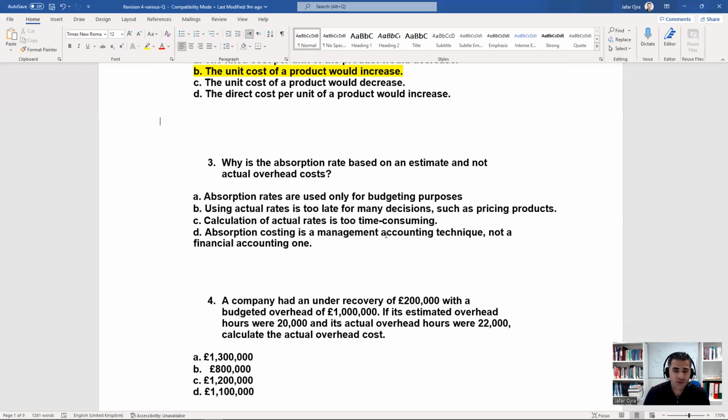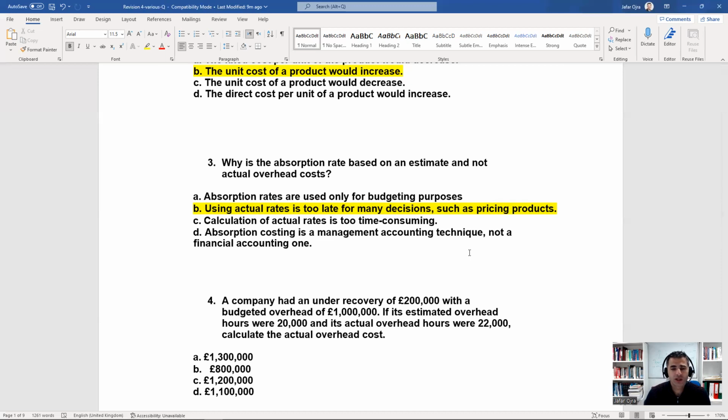It's needed before actual costs are available. There is not really enough time, so it would be too late to make decisions. Using actual rates is too late for many decisions, such as pricing products.